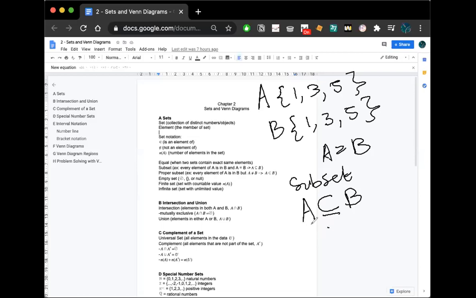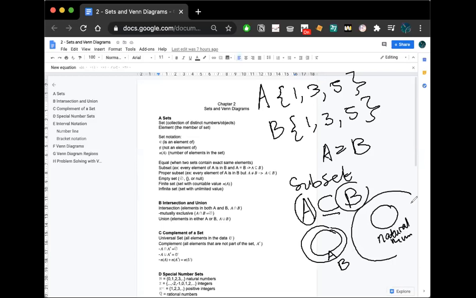For example, if this is B and this is A, the elements in A exist in B in some way, like they have the same set or less. For example, natural numbers is a subset of real numbers. That's correct. So natural numbers, and then this is real numbers.